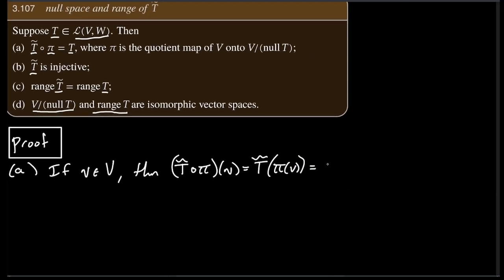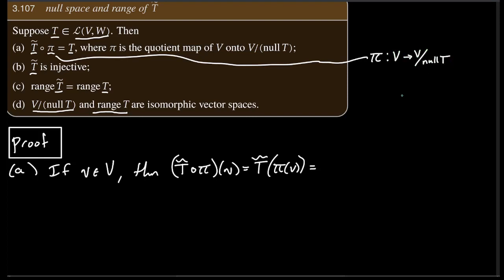Pi is the quotient map, which sends V to V quotient by null T, just to be clear.